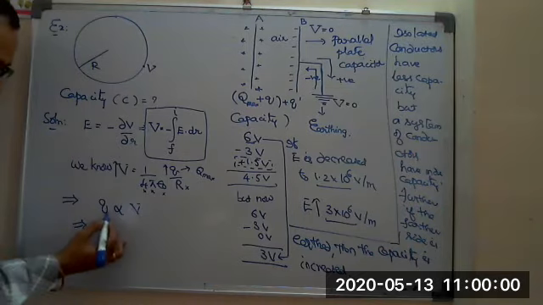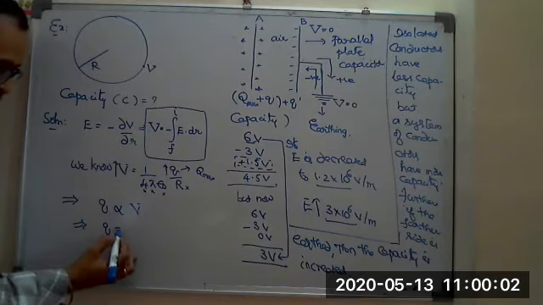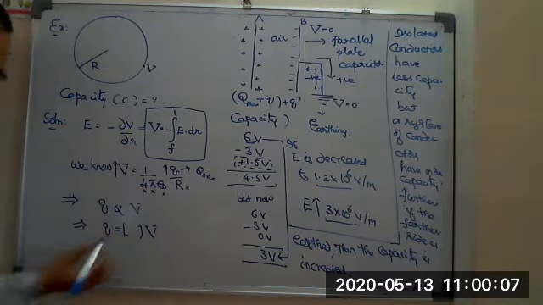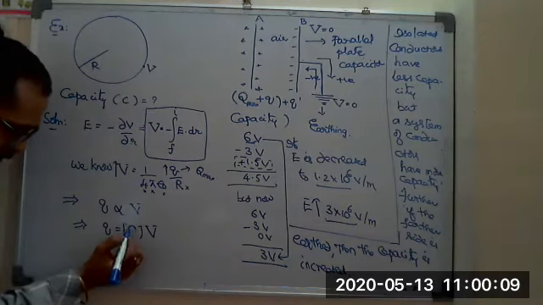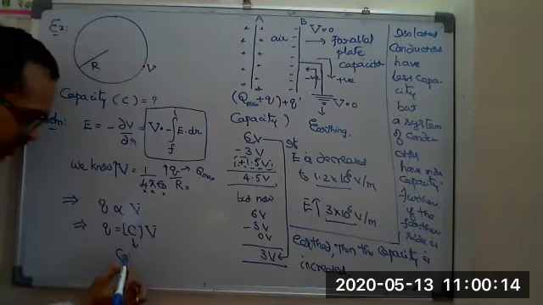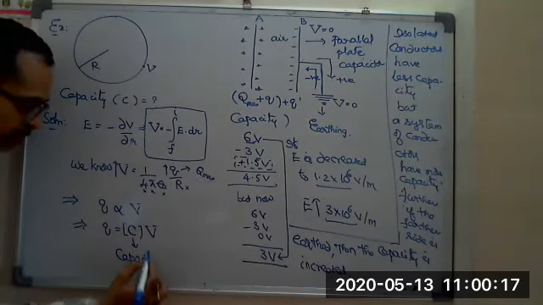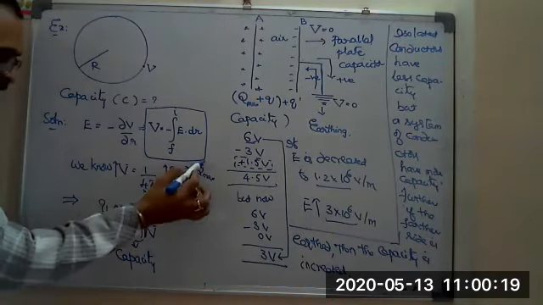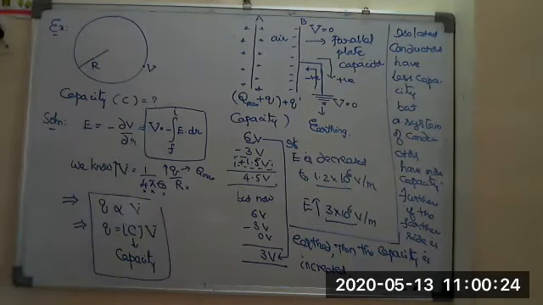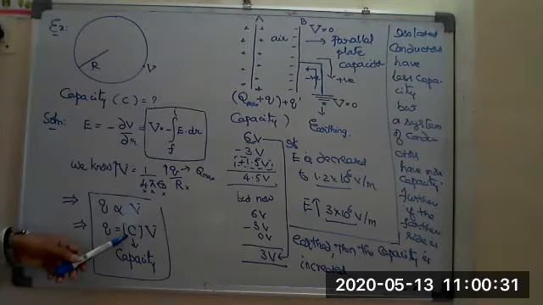That implies you can write this formula as Q equals some proportionality constant into V. That proportionality constant I represent with the letter C, which is called the capacity. It is the basic concept now. Okay. This part is the basic concept. So here you came to know one new physical quantity, that is capacity.